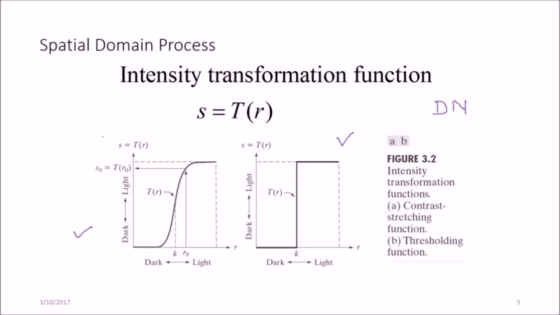In the contrast stretching, see from dark to light, if this is the variation, then for certain value r0, the transformation of r0 will give s0, if s is equal to T(r) is the actual function, that is r is our initial image, s is our final image.